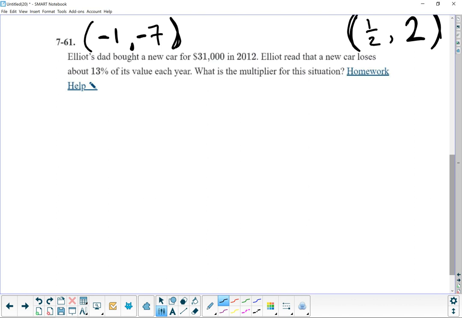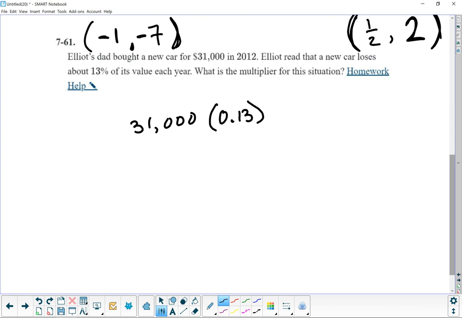Okay, so basically, if you think about it, 31,000, and if you lose 13%, you can multiply it by 0.13. That's 13%, right? So if you multiply 31,000 by 13%, I'll just use a calculator on the side here.